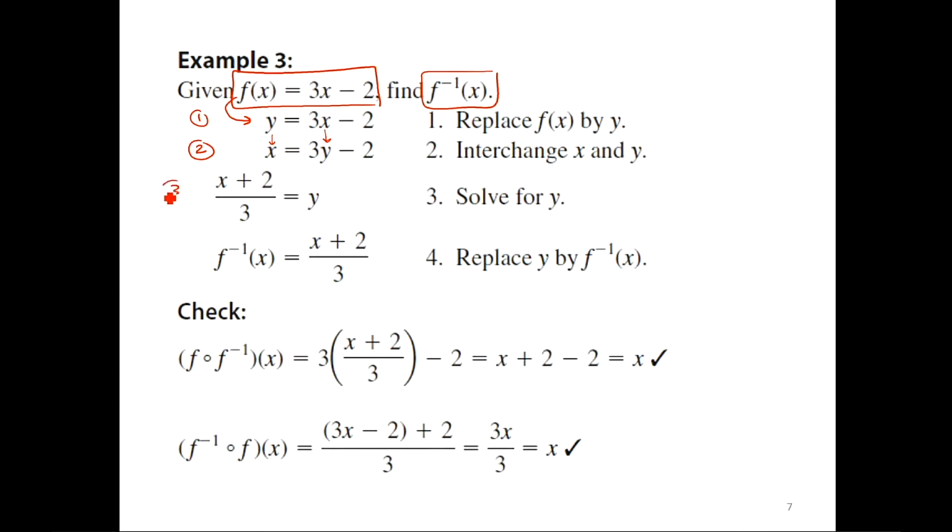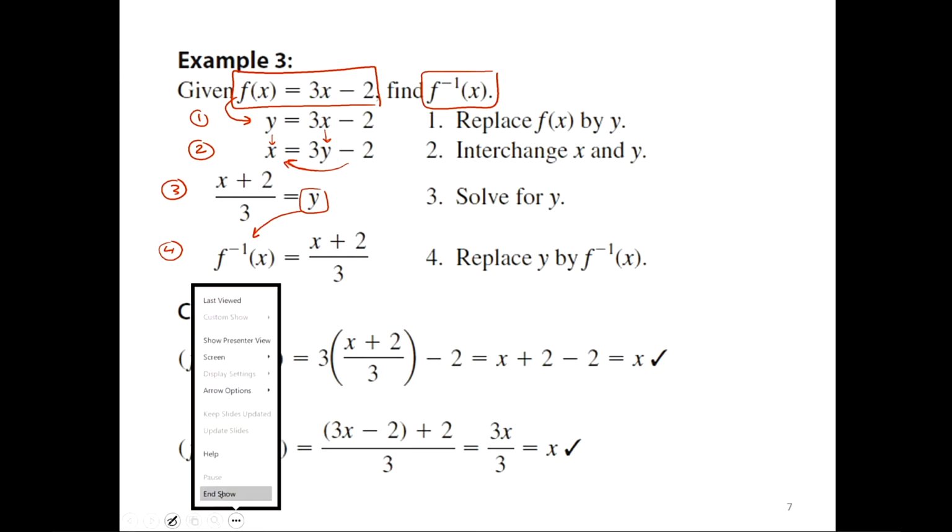The third step, move -2 and divide by 3 because we need y alone on one side. So y equal x plus 2 over 3. The last step, this y is the inverse, the value of the inverse. So f inverse equal x plus 2 over 3.